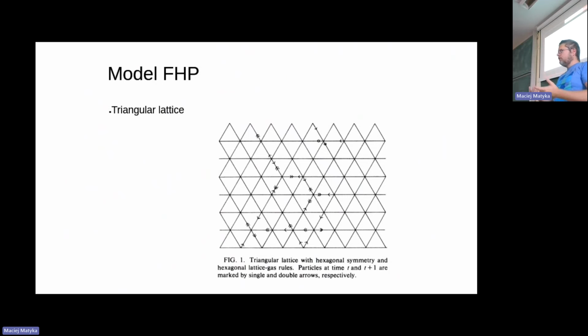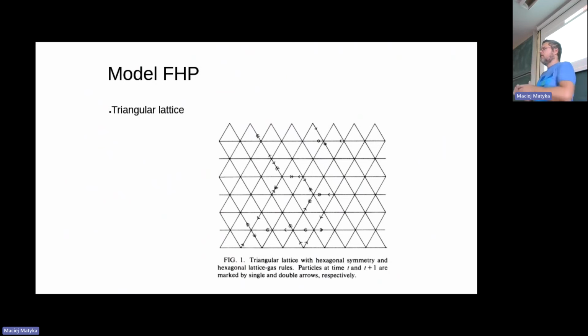But in FHP, it is even more complex because you have 6 directions from which the particle can come. And then you have to either consider only binary collisions or also collisions of 3 particles. If they are going like this, the question is whether there will be a collision or not. There is no single answer because it depends on what you want to study. So in this research, FHP or Lattice Gas Automata became models divided into classes, like FHP 1, 2, 3, 4, 5.